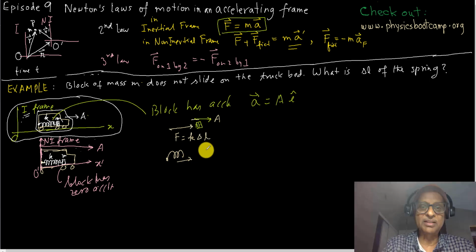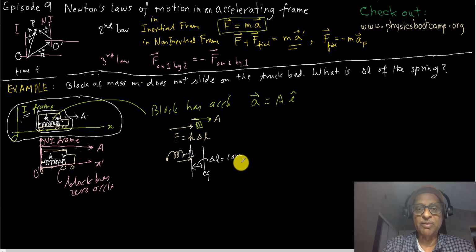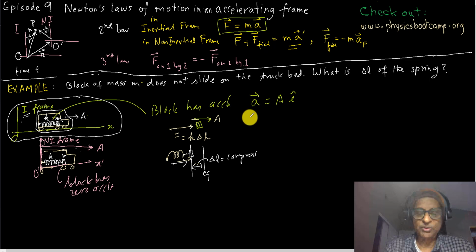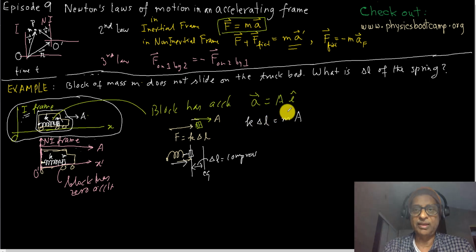This is the equilibrium. So delta L has to be compression, for the force to be that way, pushing this. That's the way spring force works, right? Okay, so from here we can say K times delta L equals mass times A. So delta L equals mA over K.